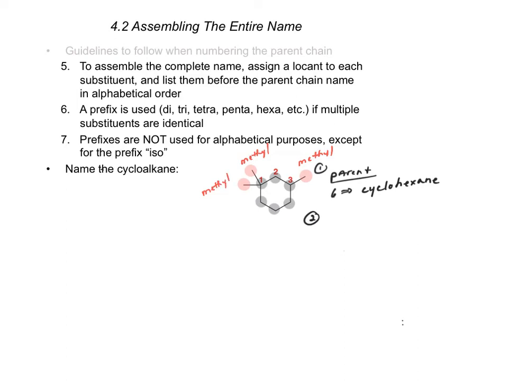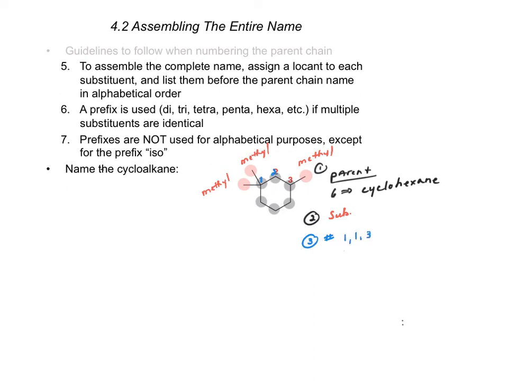So now, after I've identified my substituents, I'm going to go ahead and number the chain to give them their locants. So that's step 3. We're going to number. And again, we just talked about this one. If I start over here, I'm going to give my substituents 1, 1, 3.